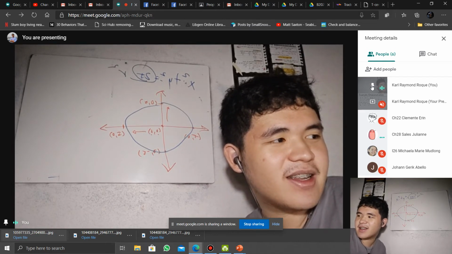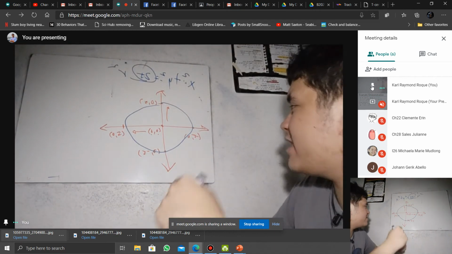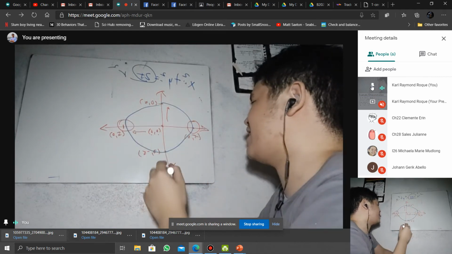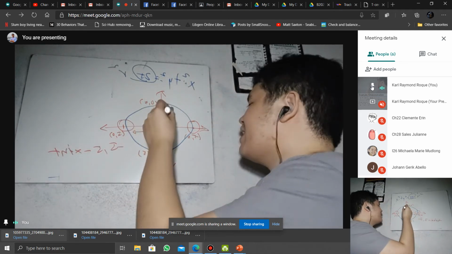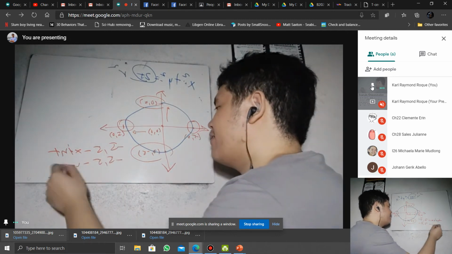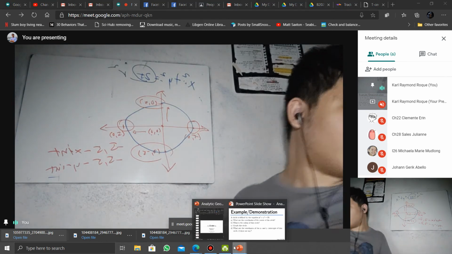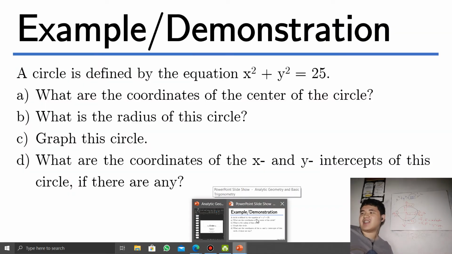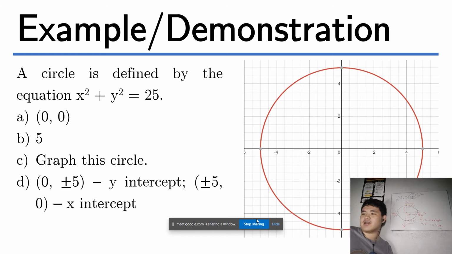Yes, okay. Examining this graph, the x-intercepts are whatever intersects the x-axis. So we have negative 5 and 5 as the x-intercepts, and the y-intercepts are negative 5 and 5 also. So what you discuss about lines doesn't only apply to lines. It applies to every kind of function.